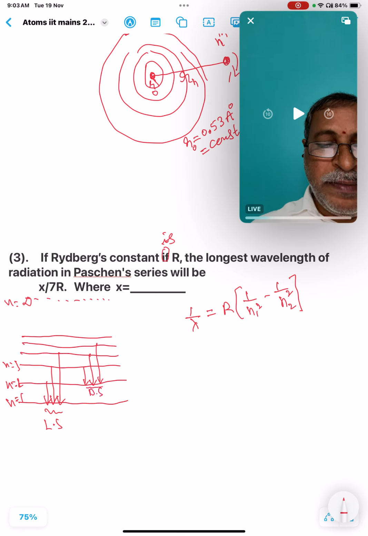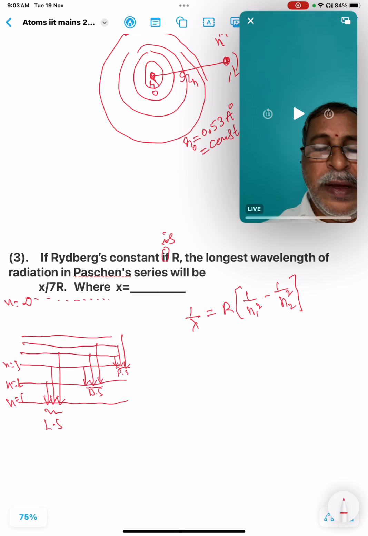If all jump onto the third orbit like this, we get Paschen series. Now he is asking Paschen series, so all are jumping onto the n equals 3 state.